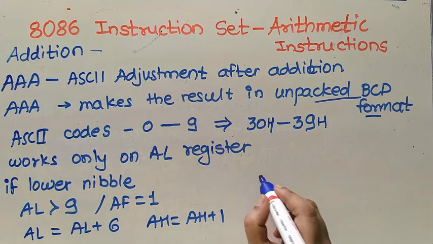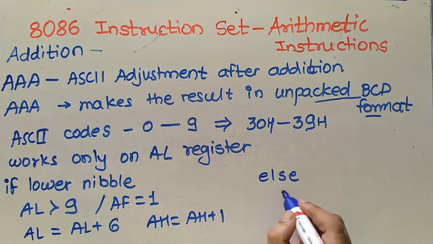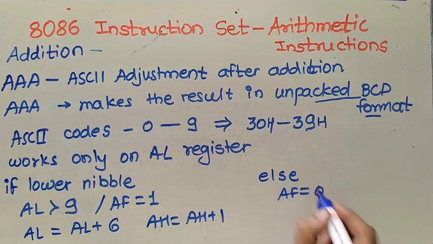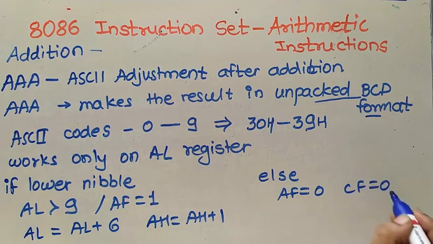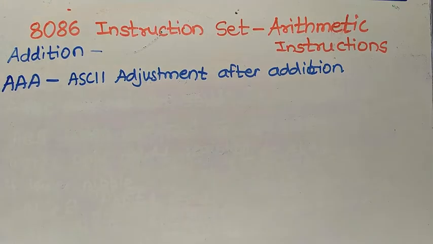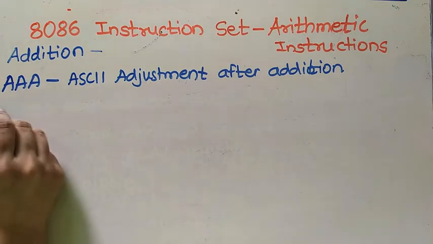Else if AF is equal to 0 and CF is equal to 0, then the result will be as it is. We'll see this by considering one example. So let's assume one example.